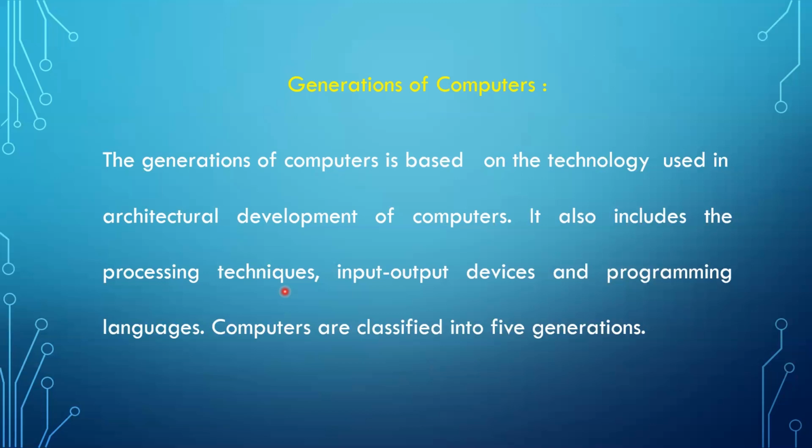Even for output, we were noting things down without a printer or monitor, but today we have printers, plotters, speakers, output devices. Everything is changing. Technology is changing, techniques are changing, and the devices are changing due to technology. All these are responsible for making changes into the computer generations.